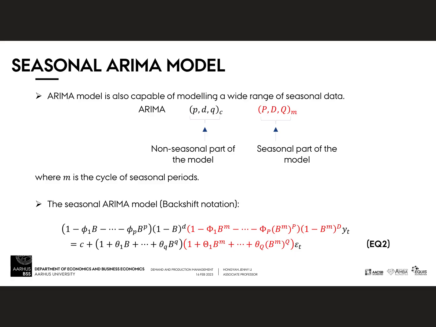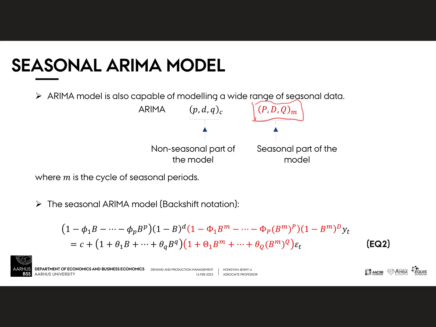A seasonal ARIMA model actually includes two parts. One is our currently existing non-seasonal part, and then there is a new autoregression and moving average part represented by the capital P, D, Q values. So that's basically adding a new ARIMA model, particularly to capture the seasonality.